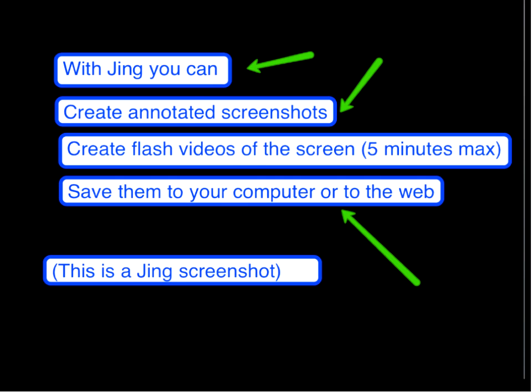The videos are Flash, so you can't play them on your iPhone or your iPad. So several nice things about Jing. It's free. It's easy. I think it's very easy. And there are both Mac and PC versions, so when you're working with someone, it's pretty easy to not have to do directions very differently.